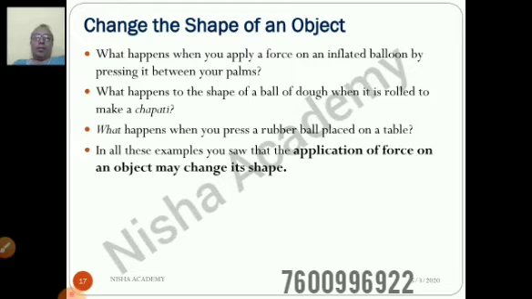When you press the balloon, what happens? It changes its shape. What happens when you press a rubber ball placed on the table? So by observing all these examples, what can you see? You can see that the application of force on an object may change its shape.